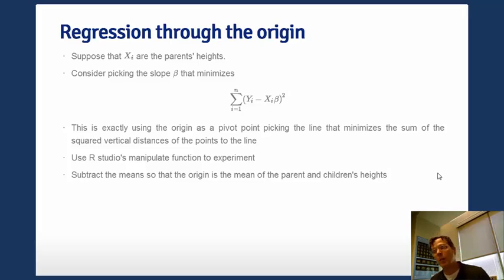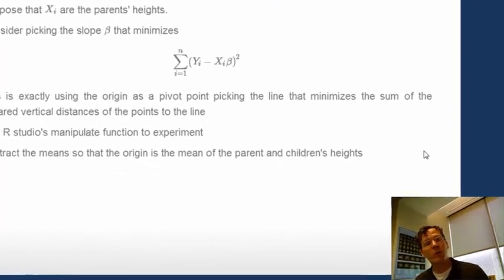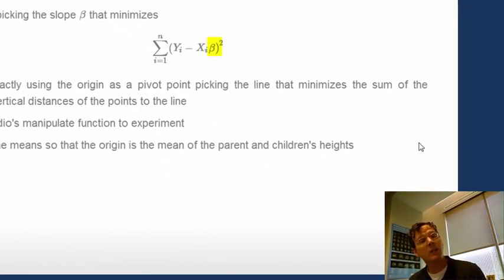Well, here's how we could potentially do that. We would want to find the slope beta that minimizes the sum of the squared distances between the observed data points, the yi's, and the fitted data points on the line, xi beta.